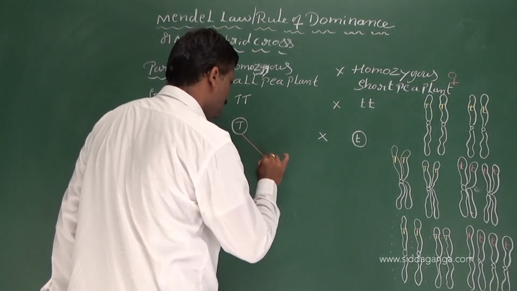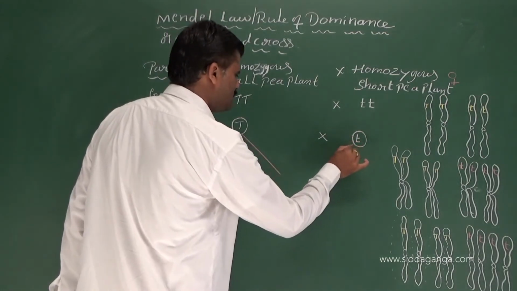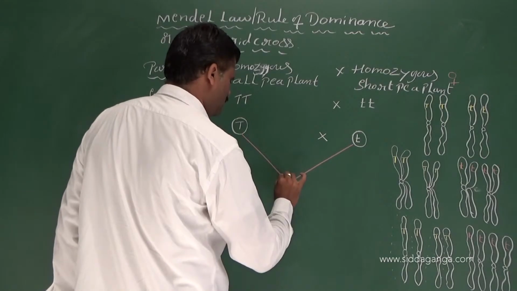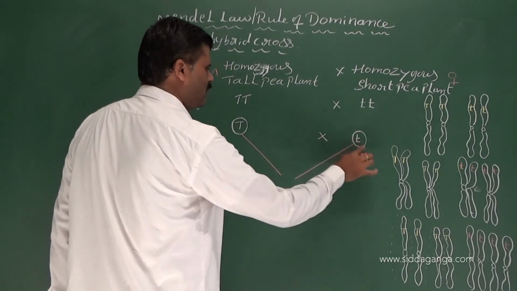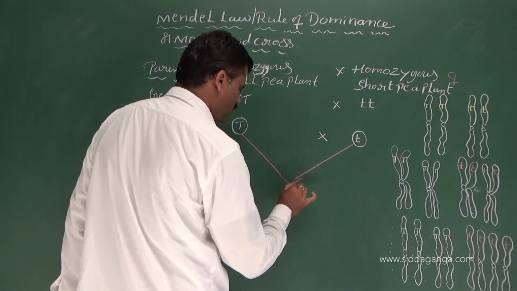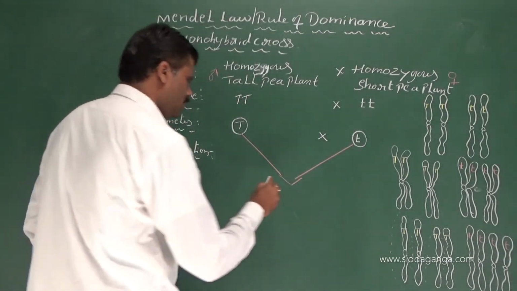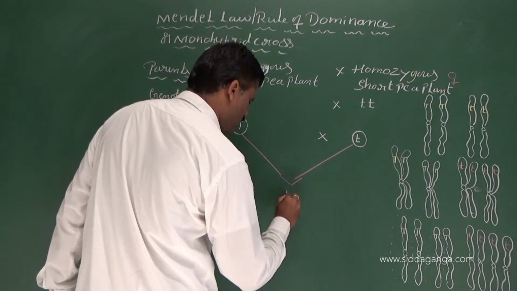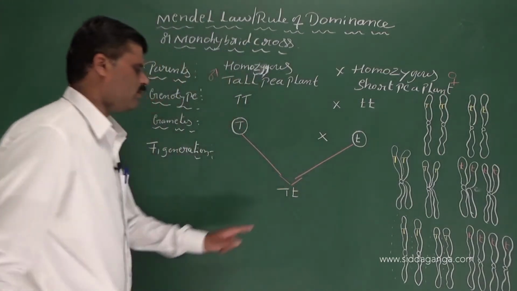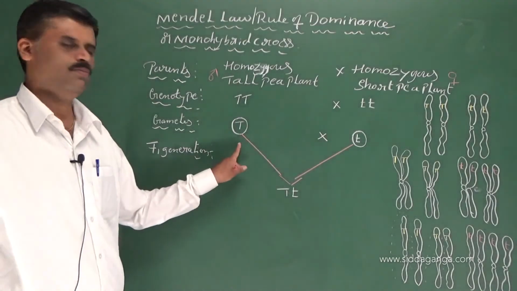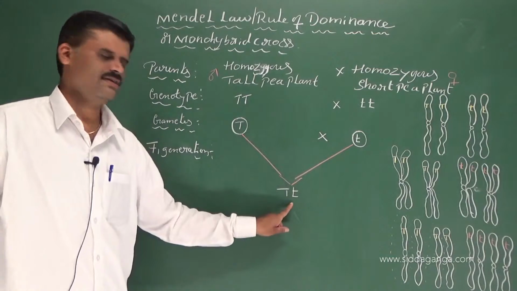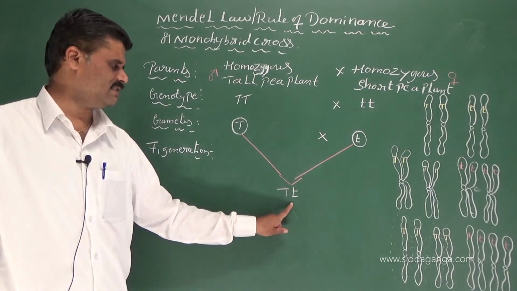So, this pollen grain meets with this ovule, means this male gamete meets with this female gamete to form the progeny or the zygote which contains both the chromosomes having both the genes, that is tall gene and dwarf or short gene.